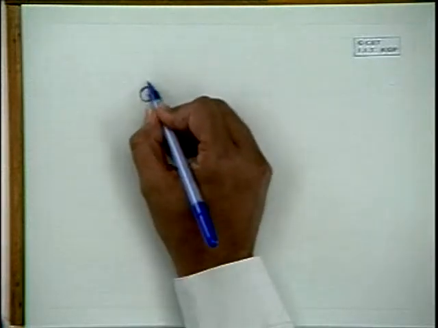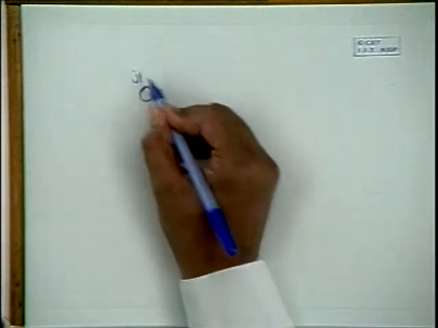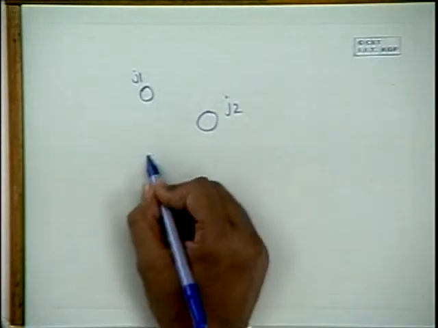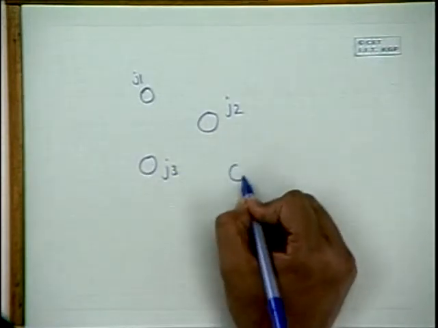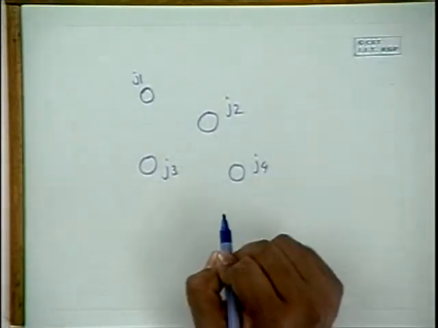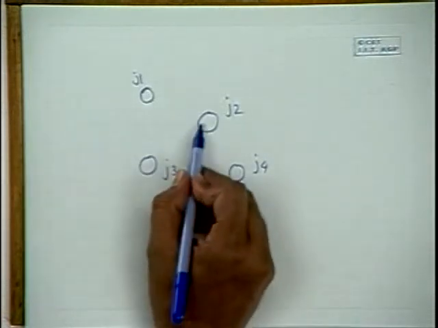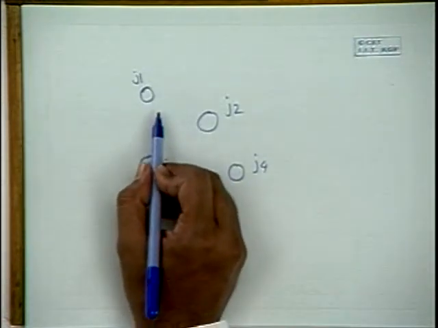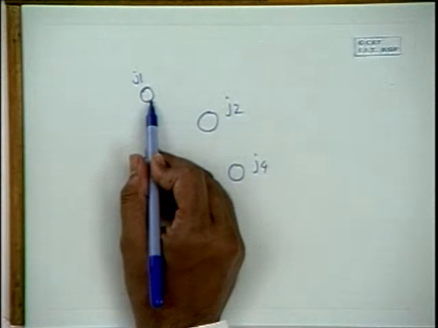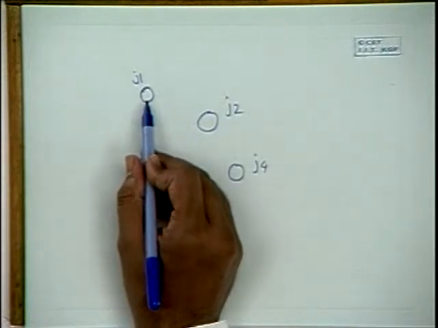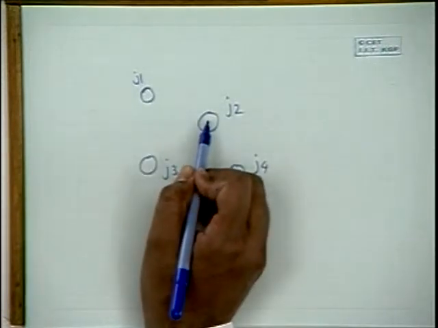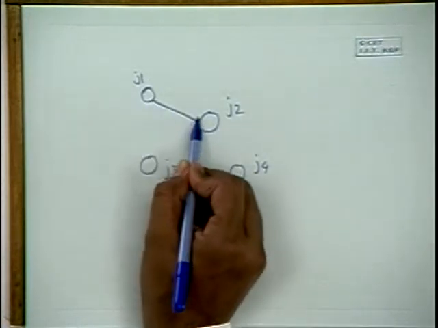Say this is J1, J2, J3, J4. Suppose there are 4 jobs, and suppose J2 can happen only when J1 is finished. When J1 is done, then only I can start J2. So you can put that information like this.